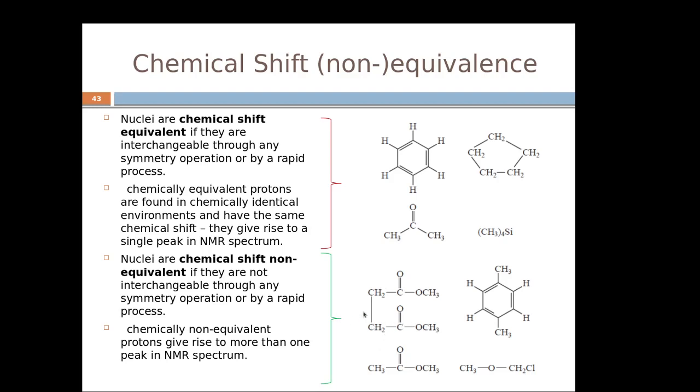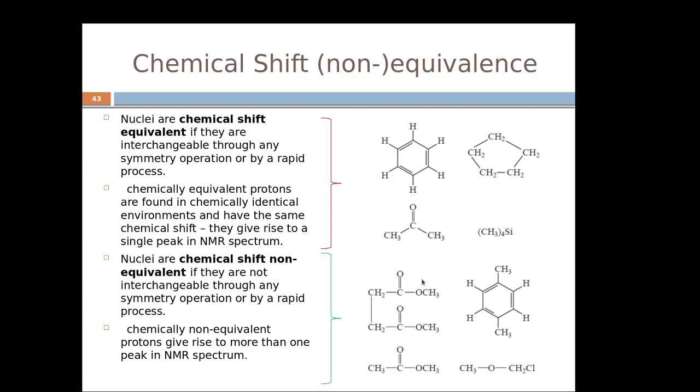Okay, so you can now infer that corresponding to these two CH2 protons you will get a single peak in the NMR spectrum at a particular frequency, say nu1, and corresponding to these two sets of methyl protons, that is a total of 6 protons, you will get another peak in the NMR spectrum at a different frequency, say nu2.